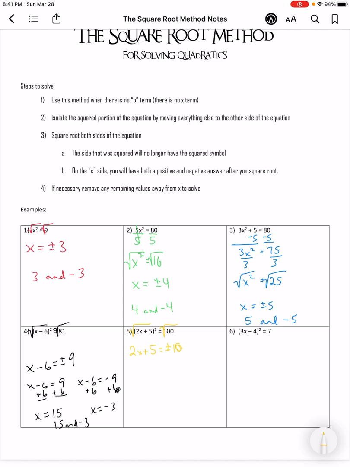Again, I'm going to set it up where 2x + 5 equals 10, and 2x + 5 equals negative 10. I'm going to subtract 5 from both sides. So now 2x equals 5, and divide by 2. So x equals 5/2, or 2.5.